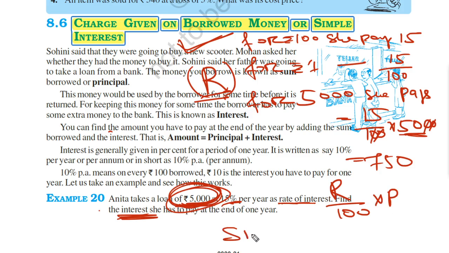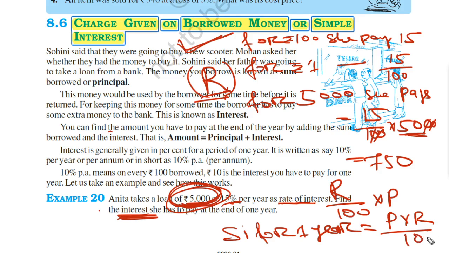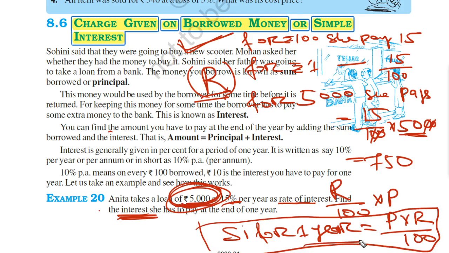So SI for 1 year is equal to R into P, or you can say P into R by 100. So this is a formula for you, you can write it. Simple interest for 1 year equals P into R by 100. Now please remember this, 750 was the interest.